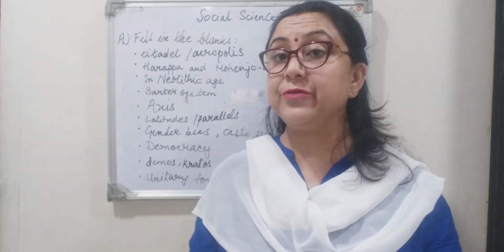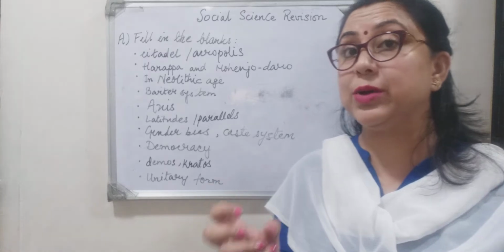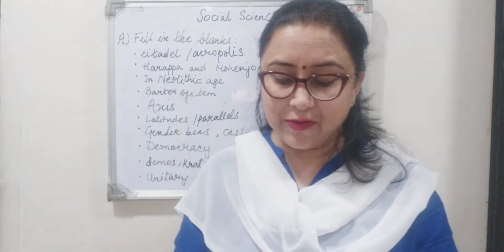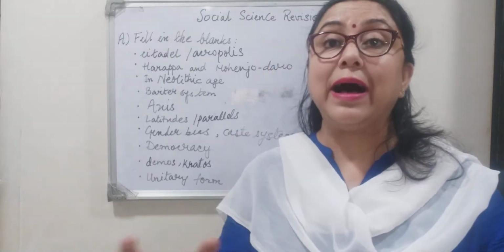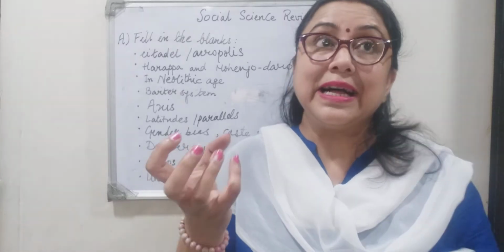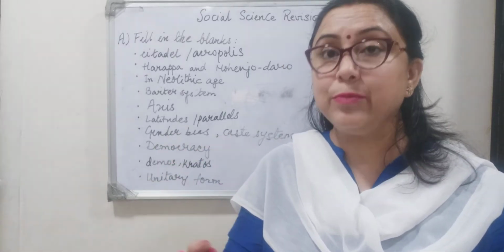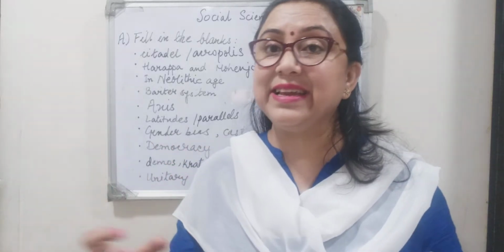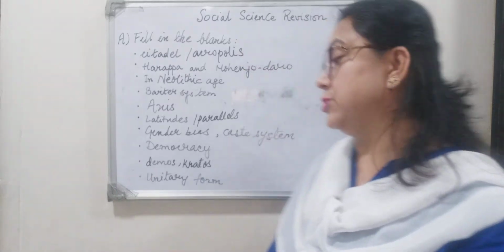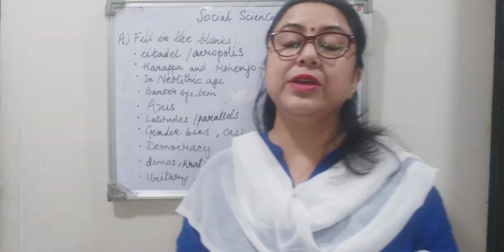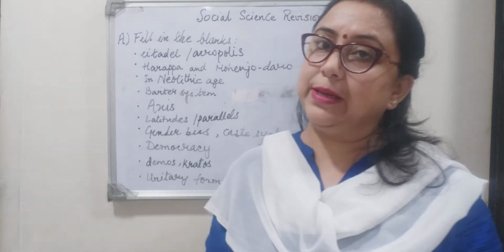So one government for the entire country. Here we are talking about that form of government where the power is concentrated at one point. It's not segregated, it's not distributed, and that is unitary form of government.